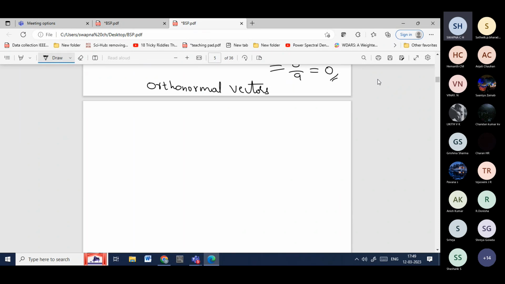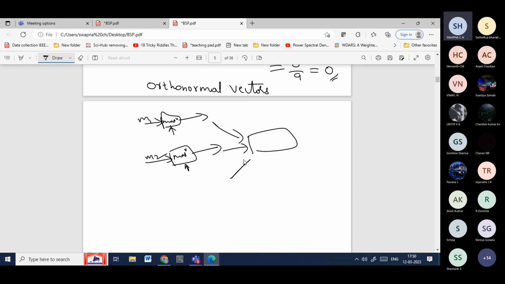You all know how the modulation is done. Let me just take one small circuit. I have some message signal M1. I will modulate it and send it through the channel. This is the modulator. This is one more signal M2. I'll have the modulator and send it. Then I'll send all the signals through the same channel.